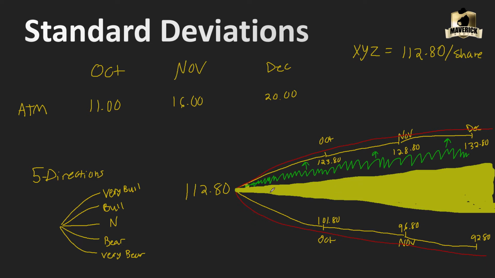You're not neutral. You don't expect it to just hang around 112.80, but you're also not targeting a move above 123.80. You're not targeting a move above 128 through November, right? You're not extremely, very, very bullish.